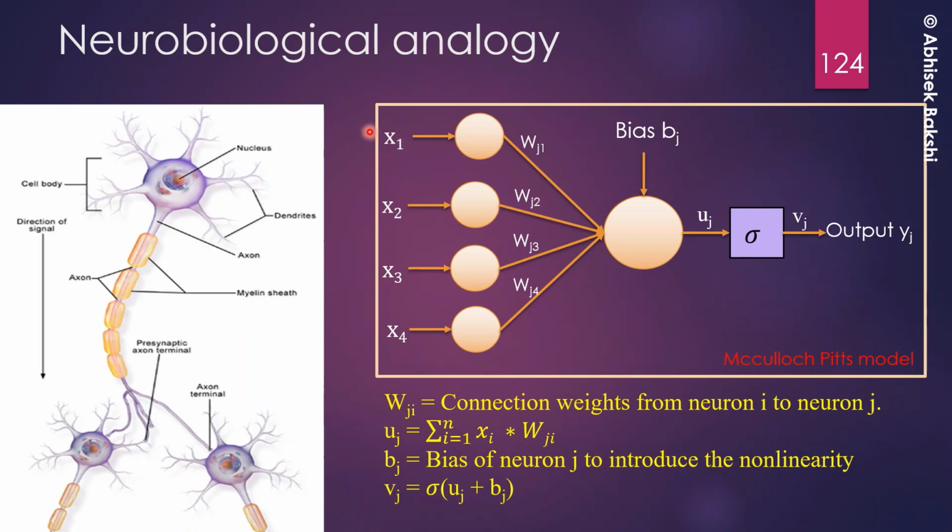Now, these inputs flow through this particular line and come here, which is, to some extent, the nucleus of the neuron. So this circle represents the nucleus of the biological neuron, which is presented here. That means some calculation will happen here. And then based on the calculation in the nucleus, some output is traversed through this axon and transmitted to the other neurons.